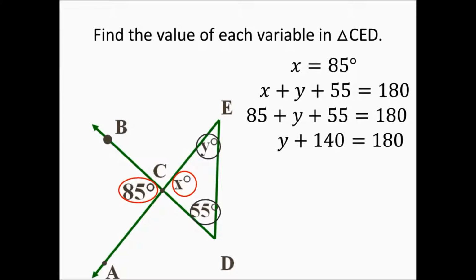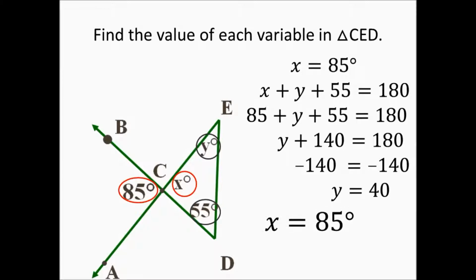We subtract 140 from both sides. 140 minus 140 is 0, so y equals 180 minus 140. 180 minus 140 is equal to 40, so y equals 40. So x equals 85 degrees, and y equals 40 degrees.